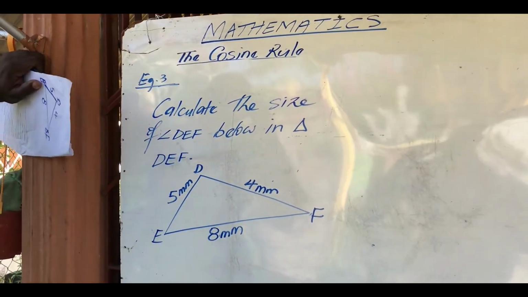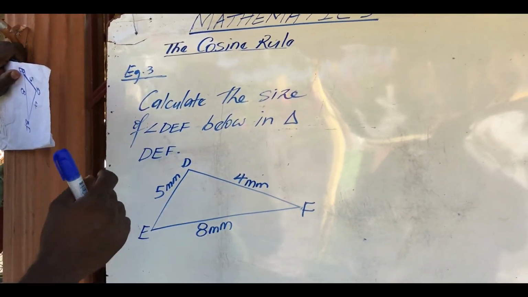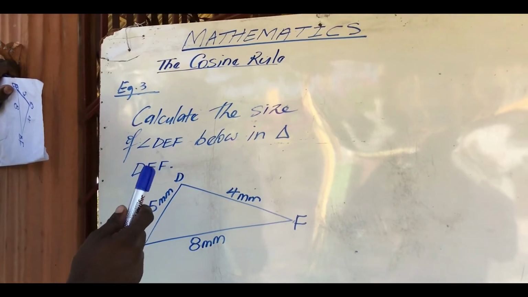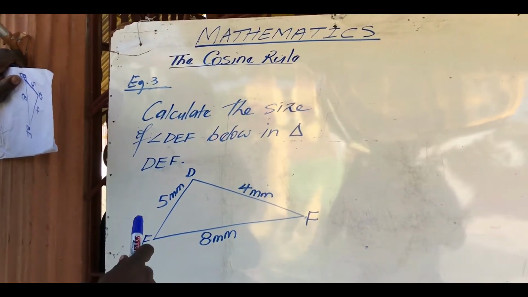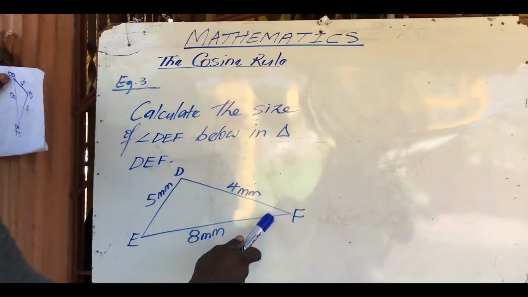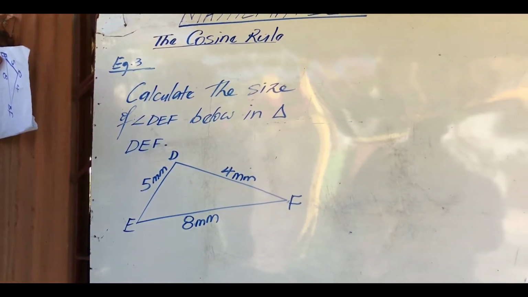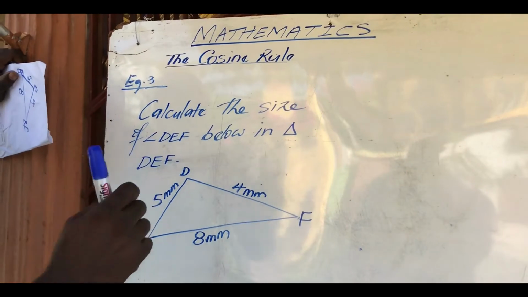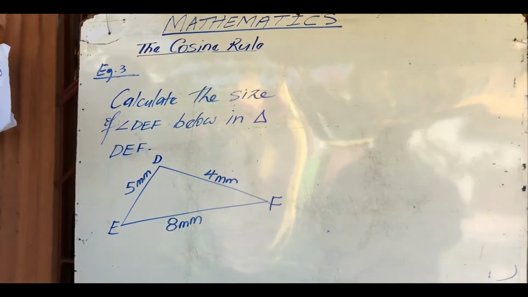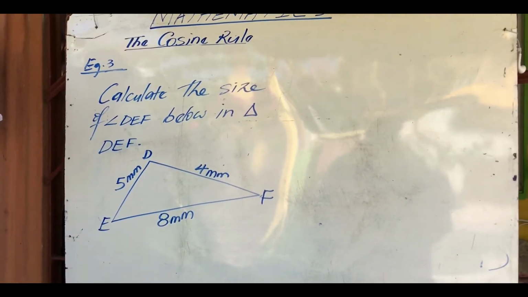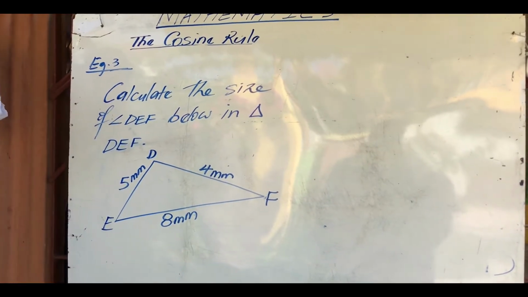Okay, so far we have looked at two questions in which we were required to find the length of a side of the triangle. But what if we know all three sides of the triangle? Then what do we do?